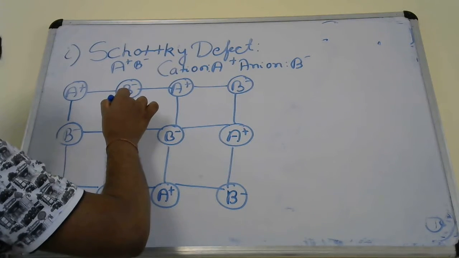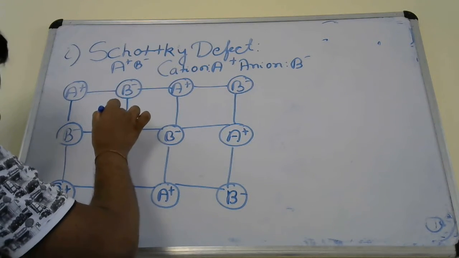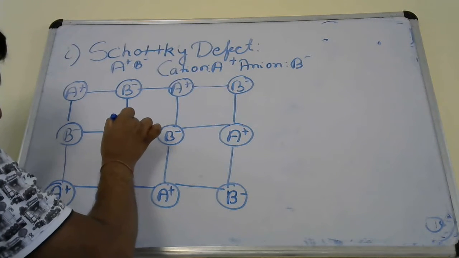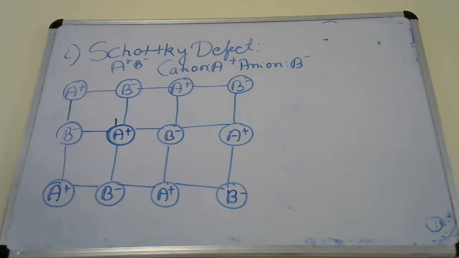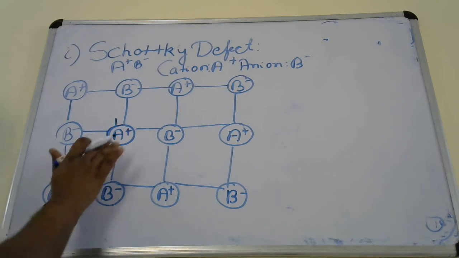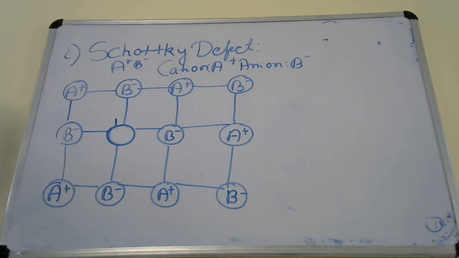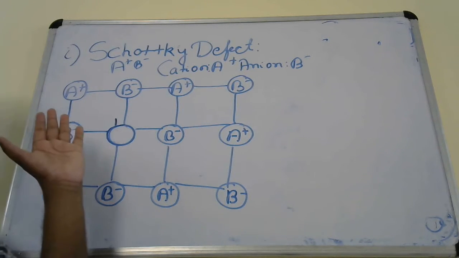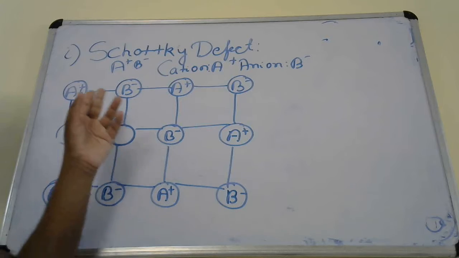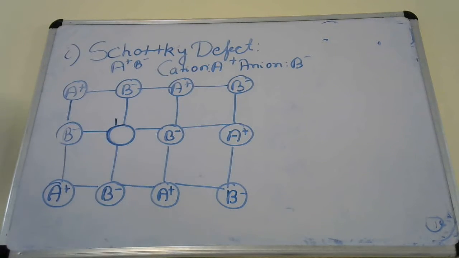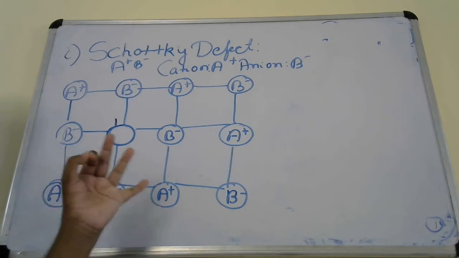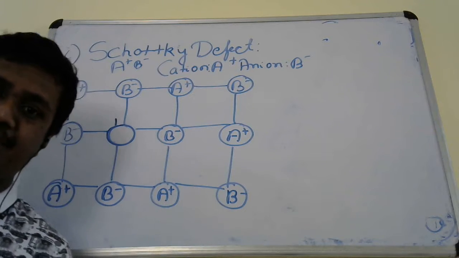Consider this circle is lattice site number 1. This contained a cation A plus. I completely remove that cation from lattice site number 1. We can remove the cation from any lattice site.